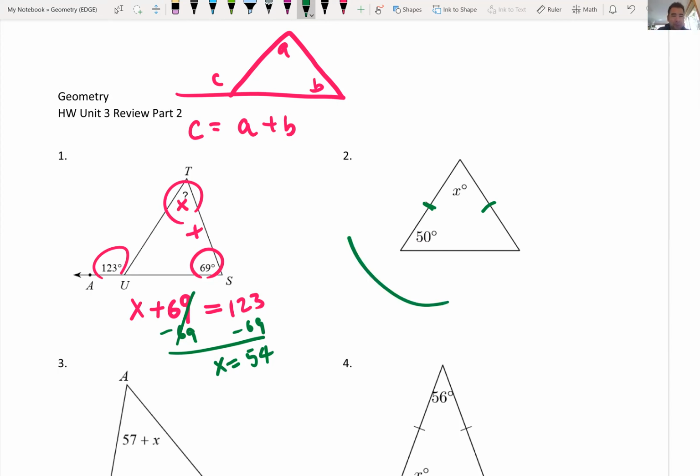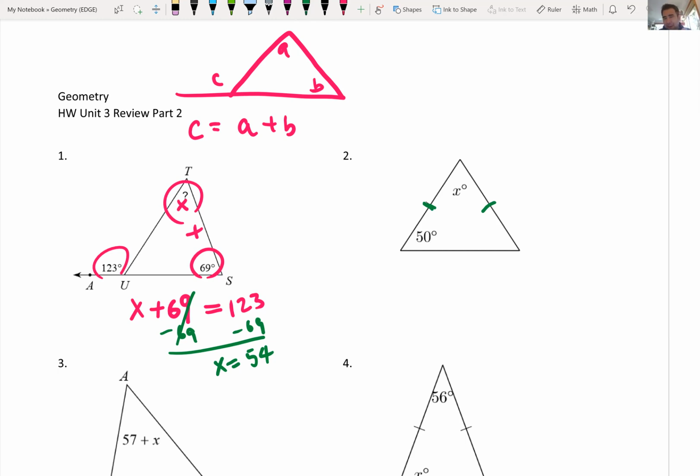This triangle, number 2, is called an isosceles triangle. You okay with that? Because 2 sides are equal. Isosceles. That's right. Very good. Now, what do you know about isosceles triangles?